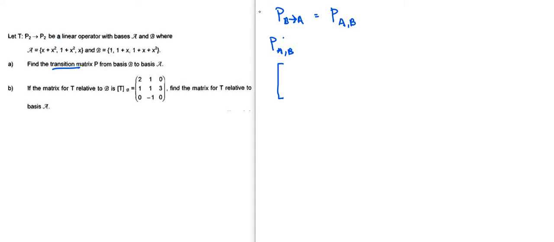from B to A. So we write down all the elements in A. You look at A, so the element, the constant part we have 0 1 1, and then 1 0 1. And the last one is X, 0 1 0.